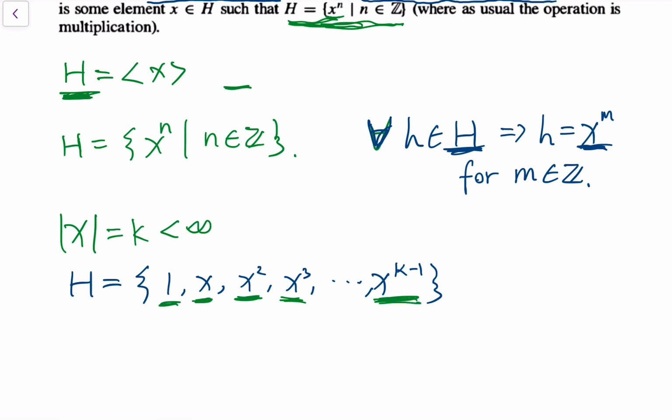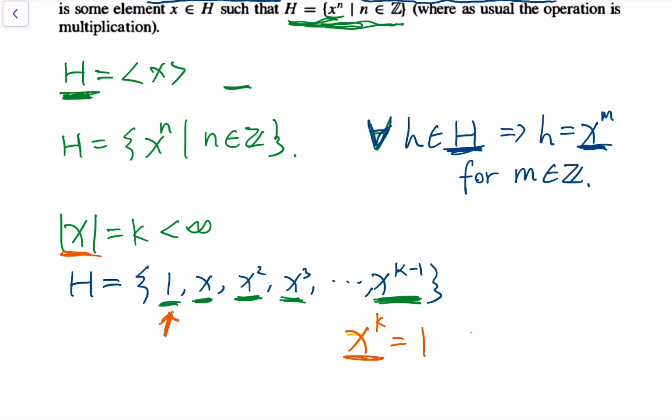The reason we end here is because if we consider x to the k, what is x to the k? Because the order of x is k, x to the k equals 1, so it just goes back to here, it just equals this one.